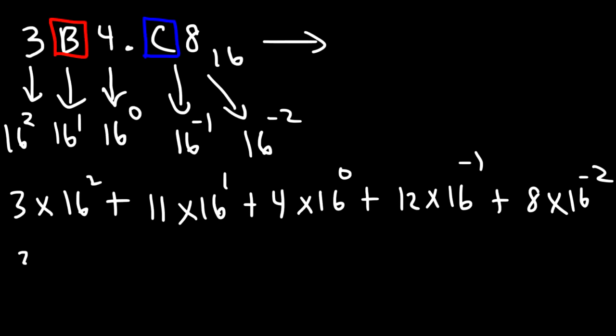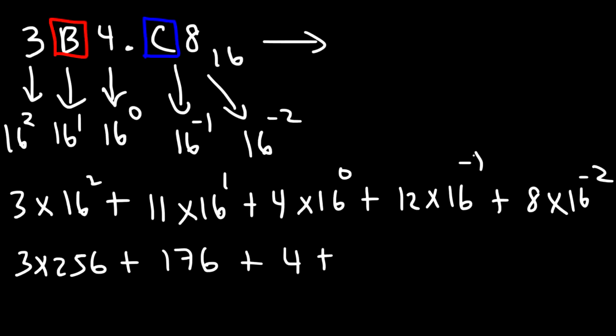Now, 16 squared is 256. So we're multiplying 3 by 256. And then 11 times 16, that's 176. And then we have 4 times 1, which is 4. Now, what do we do here? It's important to understand that 16 to the -1 is basically 1 over 16. So what we're doing is we're dividing.